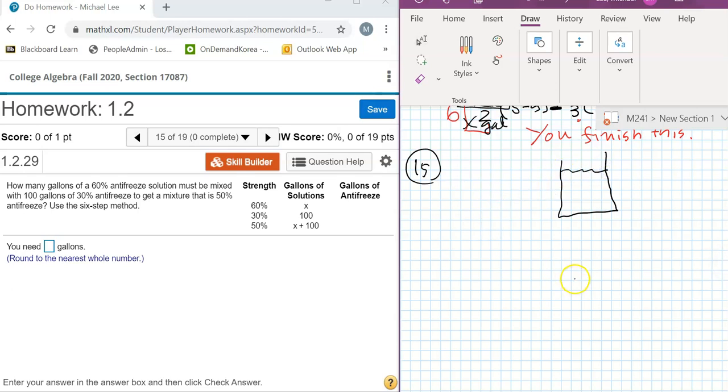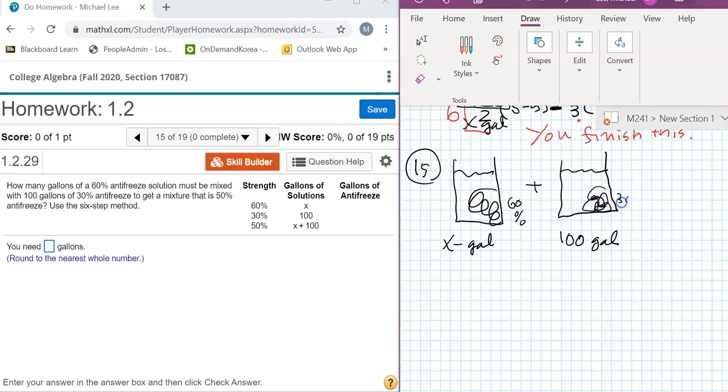Oops, what happened? It just disappeared. Oh my God, that's magic. Okay, you mix X gallons of 60% and you're going to mix with 100 gallons of 30%.